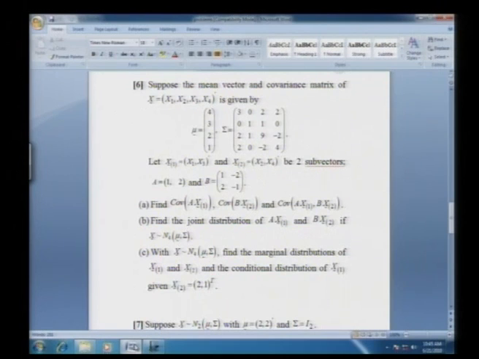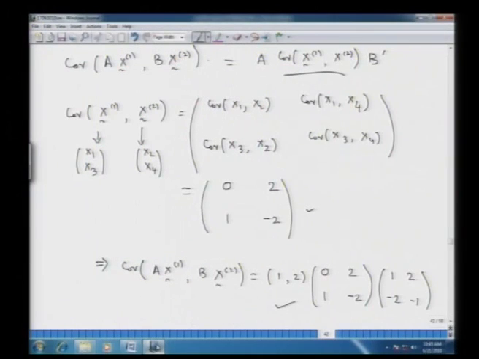Let us now move on to part B of problem number 6. Here we are trying to find the joint distribution of AX1 and BX2 if X follows a 4-dimensional multivariate normal distribution. Let us see how to obtain that.